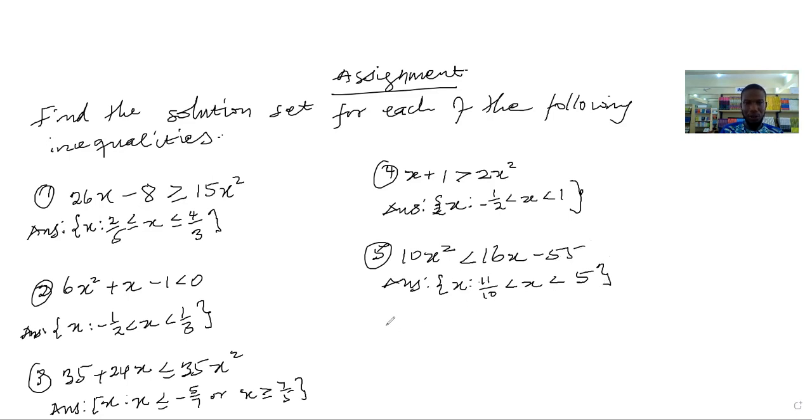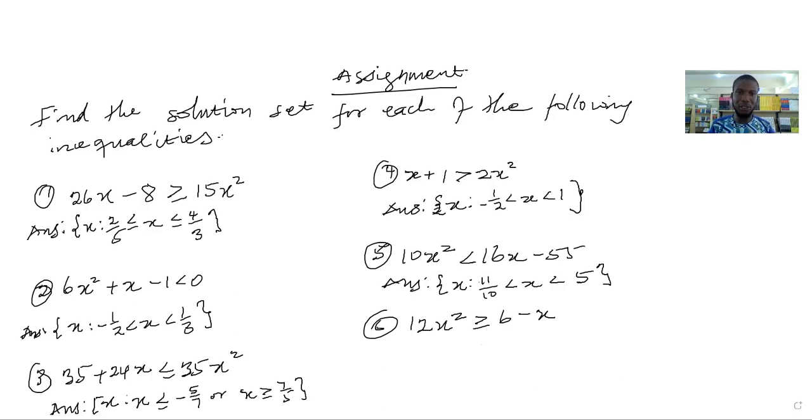All right, let me give you a last one as a bonus. This one I will not add the answer. So we have 12x squared greater or equal to 6 minus x. So now try and see if you can get the answer for yourself.